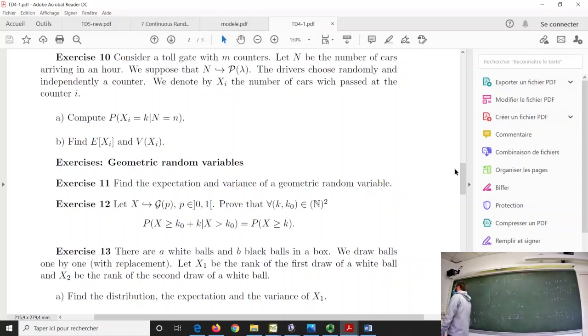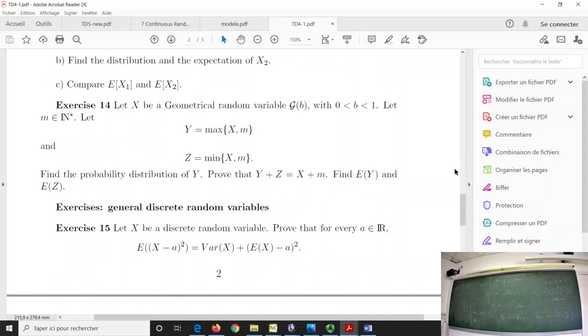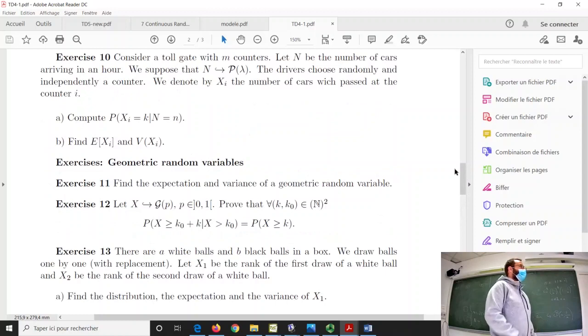So, once again, I have asked you to compute first this conditional probability, and we have it here. I have done the job. Now I ask you to compute the expectation and the variance of xi. So, in general, under which condition are you able to compute the expectation or the variance?